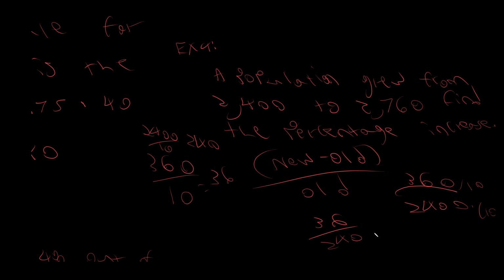Let's look at other common divisors. We have 4 as a common divisor. We get 9 over 60. 240 divided by 4, yep, it's 60. And then we divide both by 3.